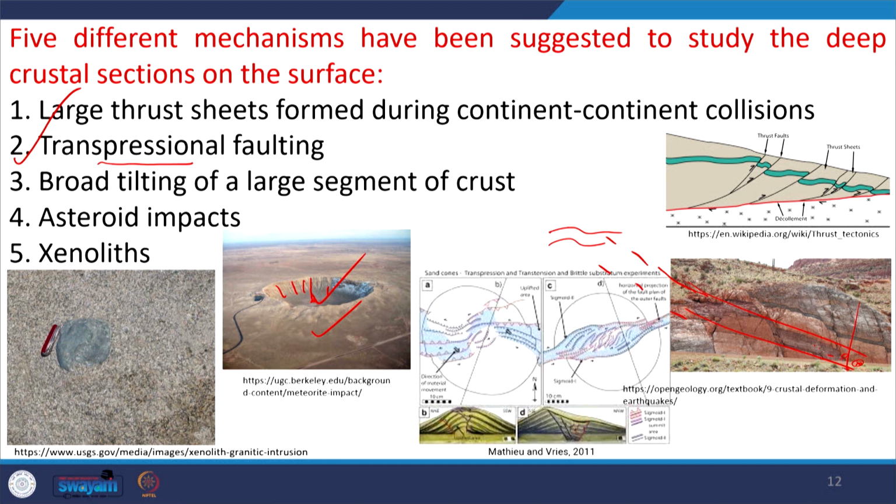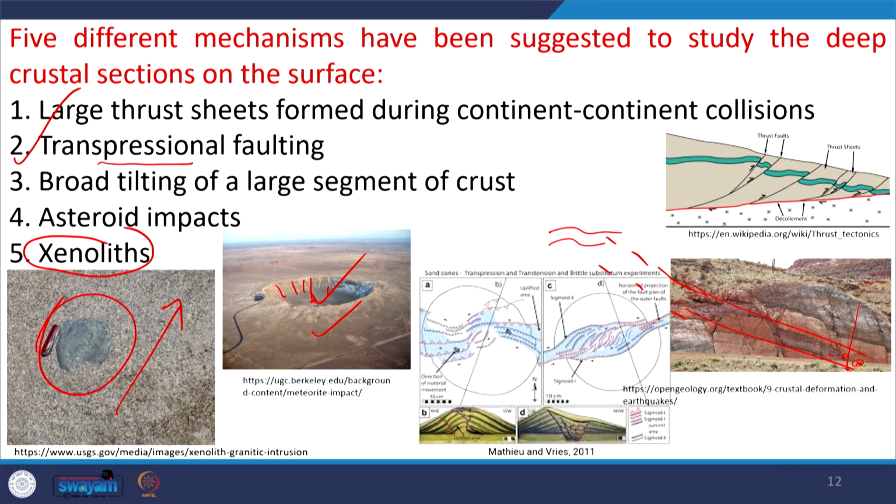And the fifth one is the xenolith. If you see here, this is a xenolith. These are lower crustal rocks that were once formed at the lower crust; during subsequent magmatic intrusion and emplacement, parts or fragments of the lower crustal rocks are exposed at the surface.